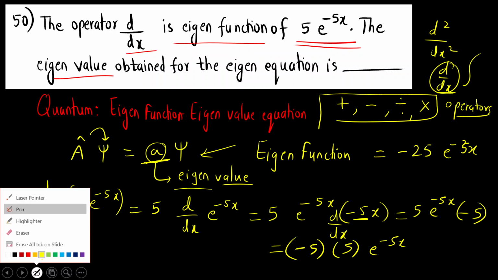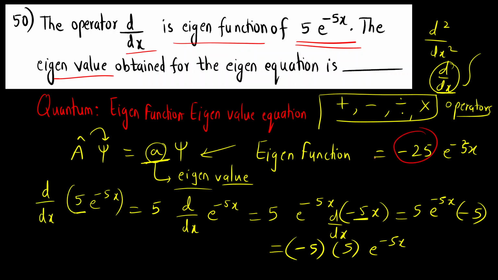If you have marked the answer as minus 25, then your answer is not correct. Even if you have written plus 25, your answer is not correct. Why? Because we want the wave function back. What was the original wave function? 5e^(-5x).